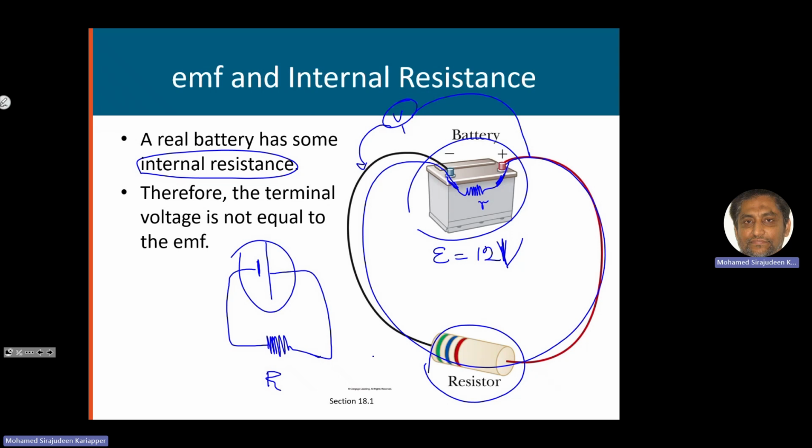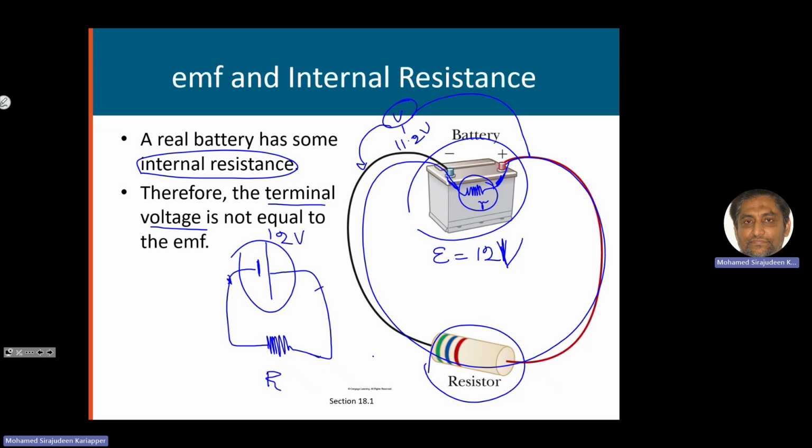While it is connected, it may be 11.2 volts. Why did that happen? Because some of the voltage of this EMF will be dropped when the current flows through this internal resistance. So what comes outside, we call it terminal voltage, will be less than this 12 volts.